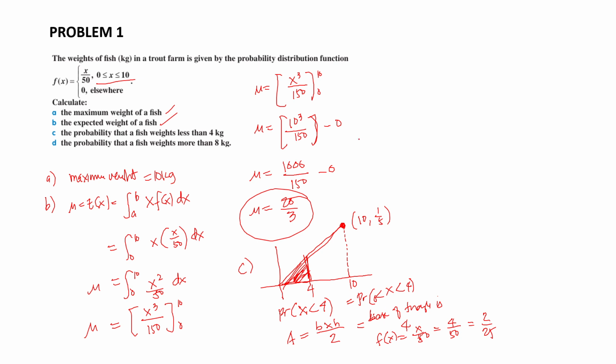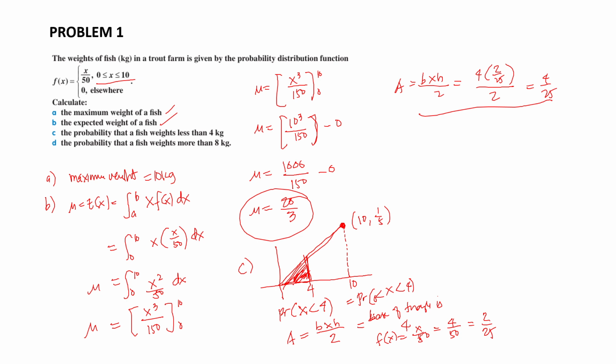So by the area formula, base times height over 2, that is 4 times 2 over 25 over 2, which is equal to 4 over 25. So that's the area which is less than 4.